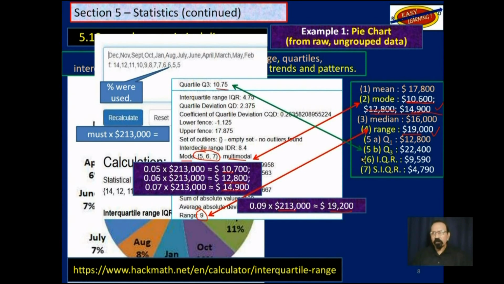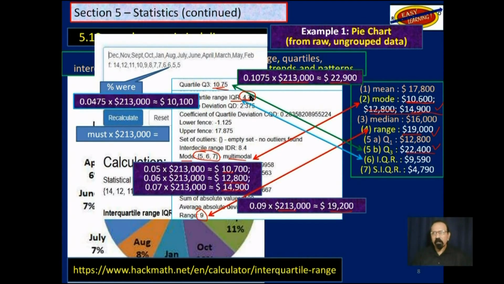And then Q3, 10.75%, convert that to sales, and we get 22,900. We actually got here 22,400, not too bad. Interquartile range, 4.75%, multiply that by 213,000, and we get 10,100.